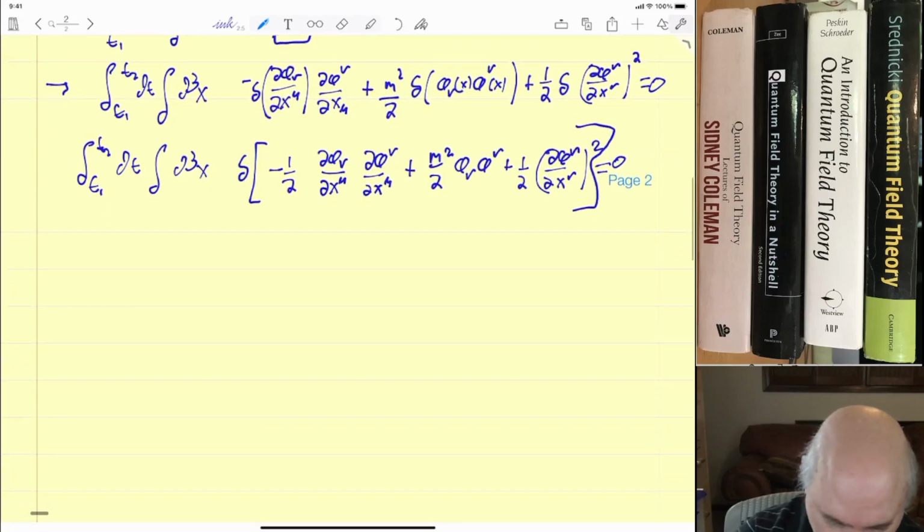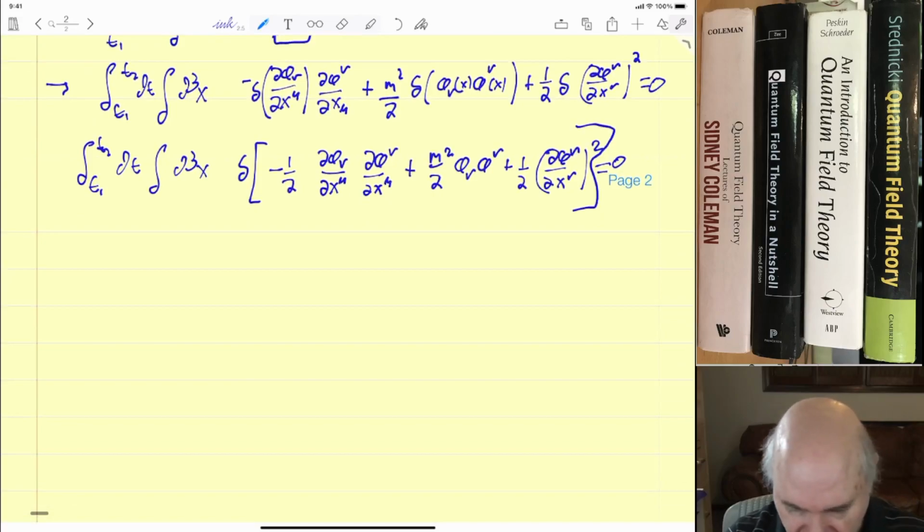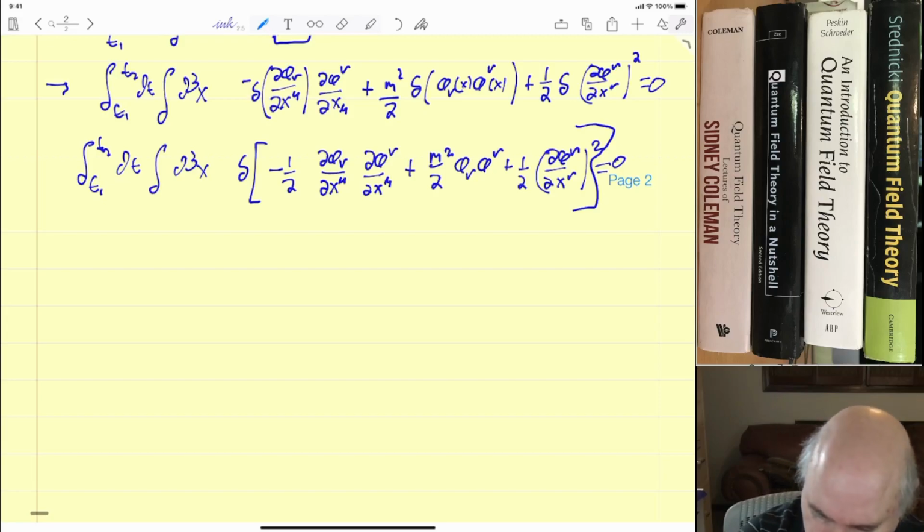Okay. And so this implies, this is basically our answer. So from this, we get our Lagrangian density, minus 1/2.